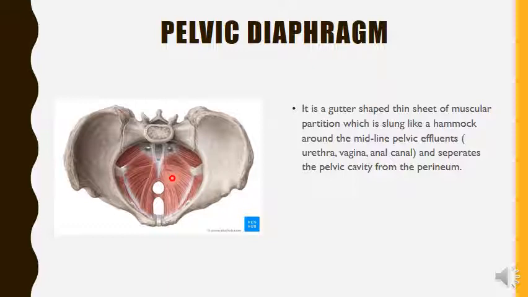It is slung like a hammock around the midline pelvic effluents. Here is the urogenital hiatus, which transmits the urethra and the vagina in females, and this is the rectal hiatus, where the anorectal junction passes through. So these are the midline pelvic effluents: urethra, vagina and the anal canal.